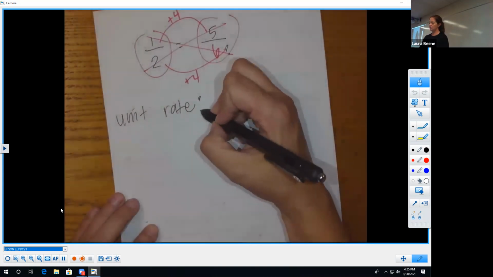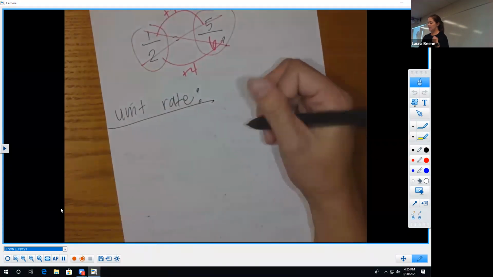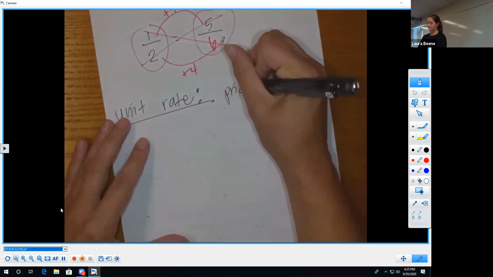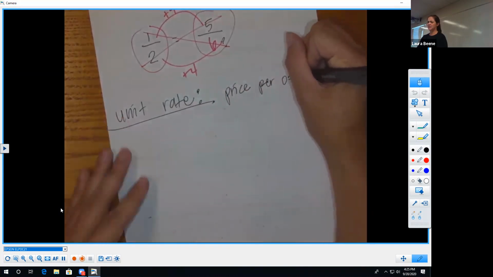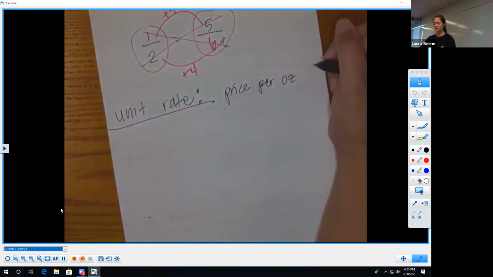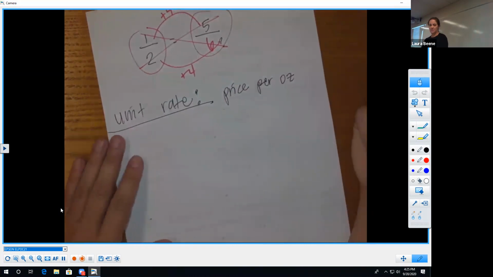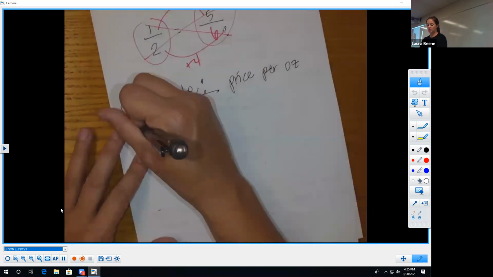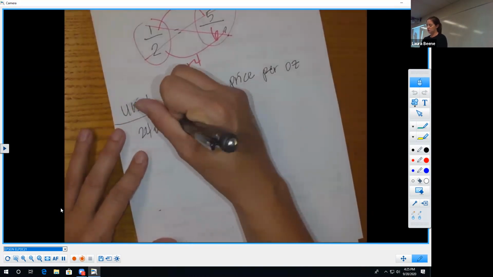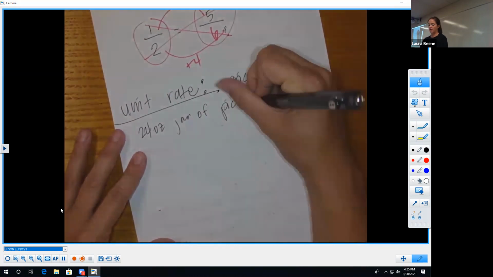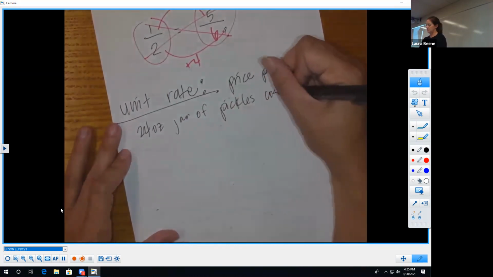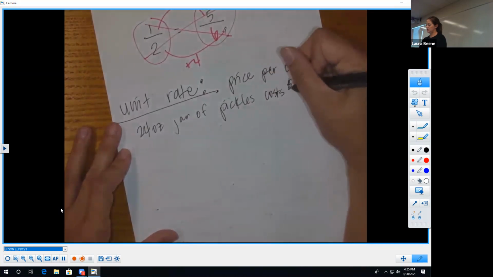So unit rate or unit pricing is price per, it depends on what you're given. It's usually price per ounce, okay? So the way that they found that 11.6 cents is it's a 24-ounce jar of pickles, and the 24-ounce jar of pickles costs, it told us, $2.79.